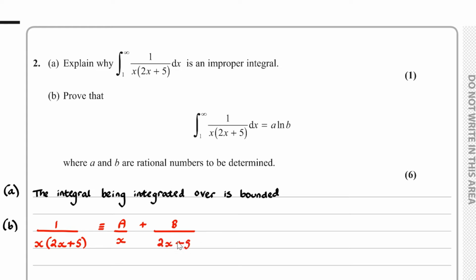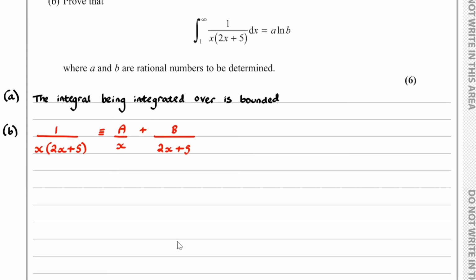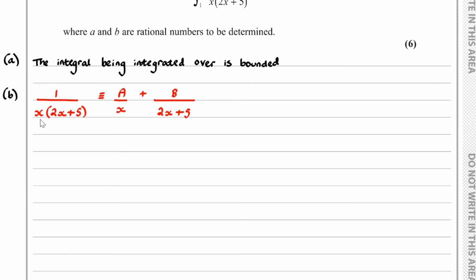So, if we multiply both sides by x lots of 2x plus 5, we have 1 being equivalent to a lots of 2x plus 5 plus b lots of x. And our goal here is to determine the value of a and to determine the value of b.